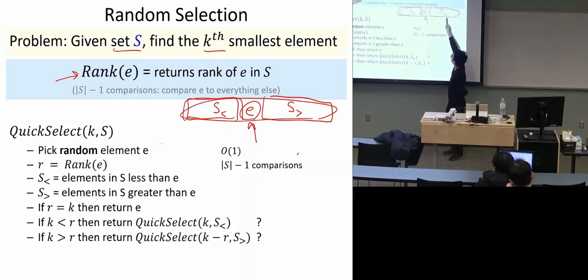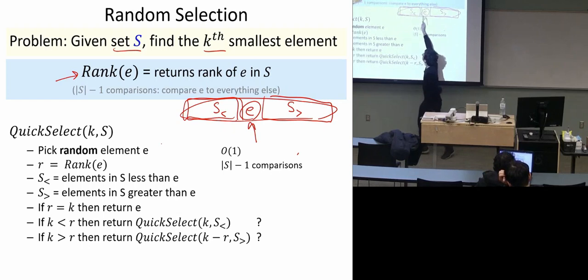Otherwise, you know that what you want is in the set S more than. So you recurse in S more than, but the element that you want to find now is not k. You need to shift it by k minus r, because you have already eliminated r many elements here.